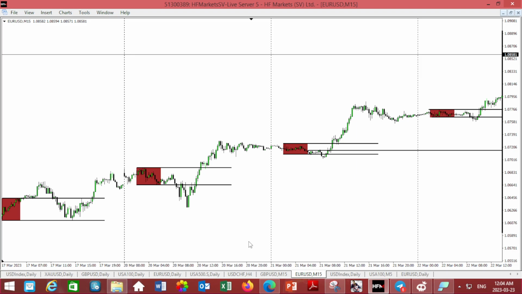So Asia. There is a very specific time that allows for the formation of this Asian range. I have a specific range which I refer to as the Asian session.